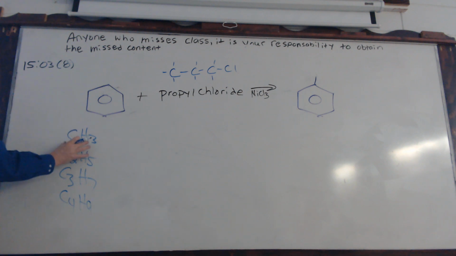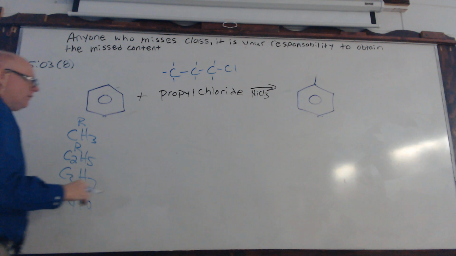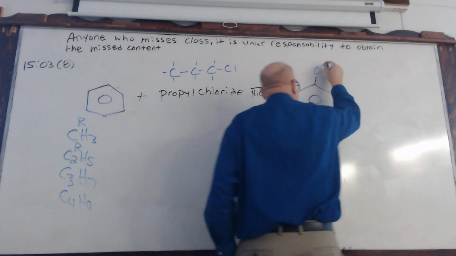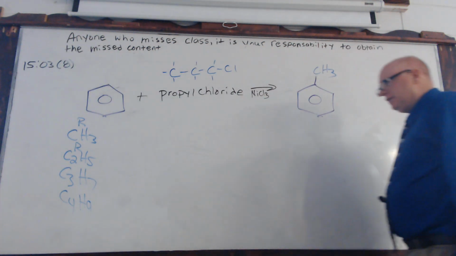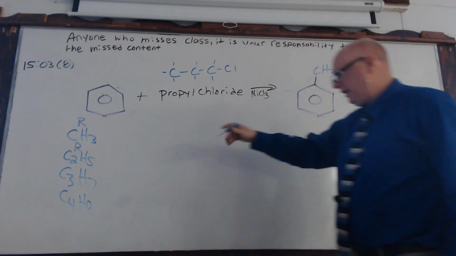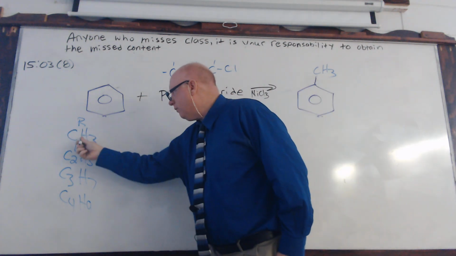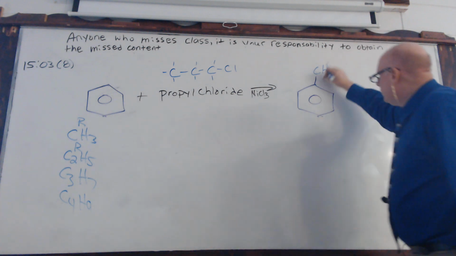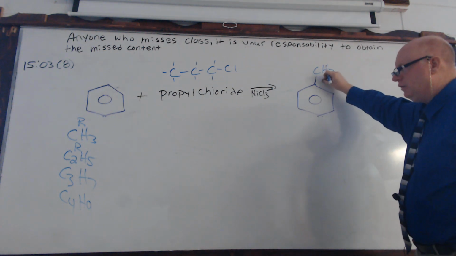Okay, we can't just add this to a ring. Because if that was the case, we could say, well, if we just had this R, or this R, well then that's given us our toluene. But that is not correct. You just can't take an R or a methyl group and say, look, here's the letter R. We got our toluene now.